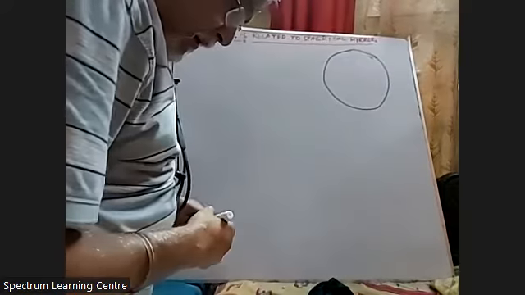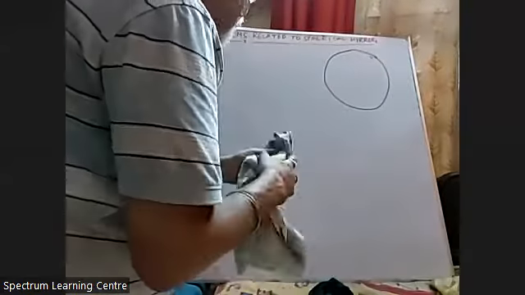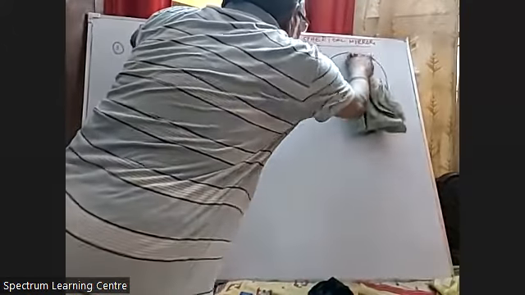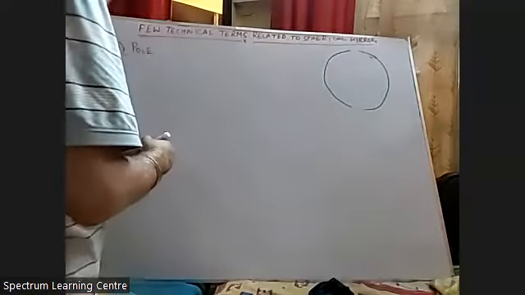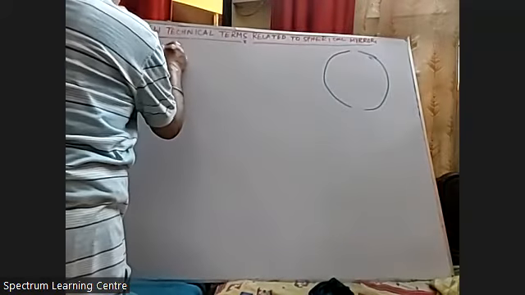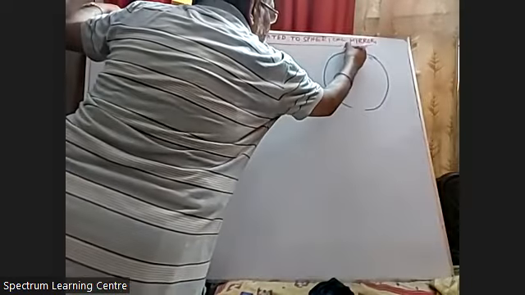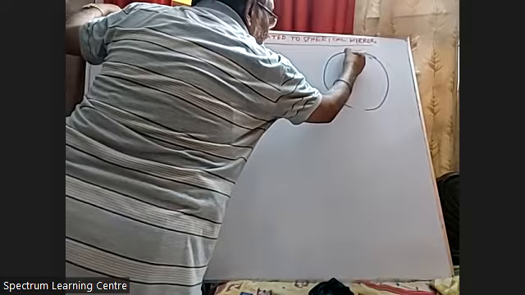First term is pole, represented by P. Say this is silvered in.